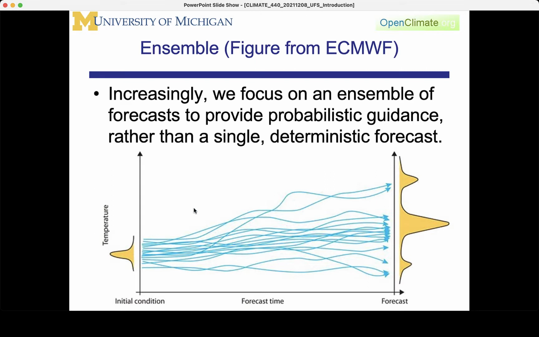That idea is demonstrated here, where in the initial condition you might say you have an observed Gaussian distribution of temperature, and you let the ensemble go forward. You'll see that some cluster, but there might be members of the ensemble going out to these two extremes here. The forecaster is going to look at those, what we might view as outliers, and say, what are they telling us about the environmental conditions that we need to think of in our modification of the model guidance in order to get a good forecast?